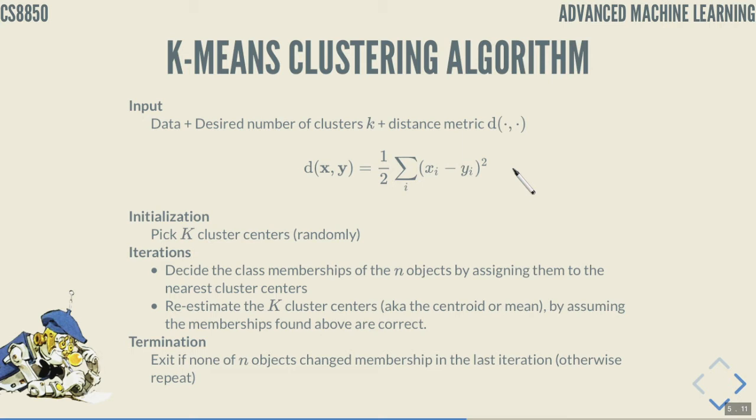Second, re-estimate K cluster centers, centroids, or means by assuming the membership found above is correct. And when do we terminate? We terminate if none of the n objects change membership in the last iteration. If something changed, we keep repeating those iterations.